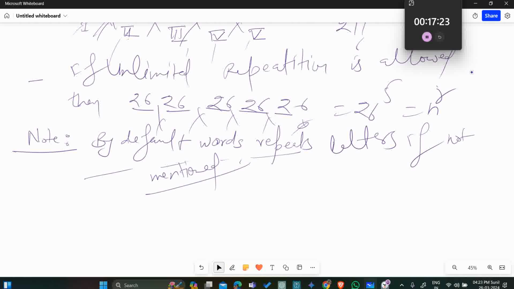So by default words will repeat letters. Word will repeat letters if it is not mentioned specifically.